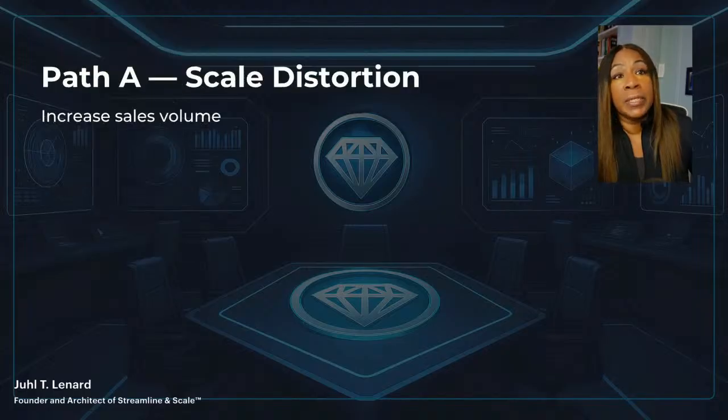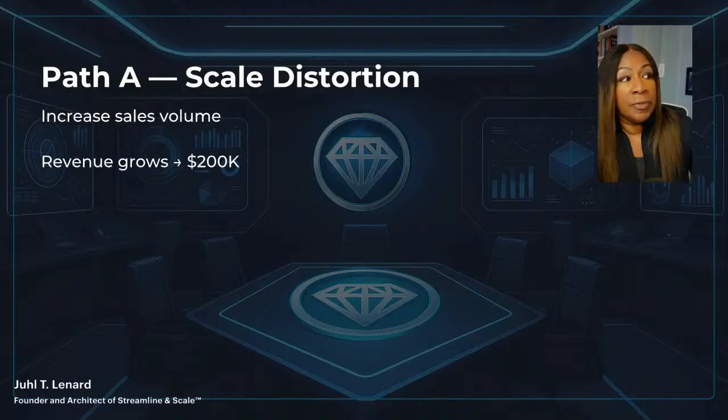But that's not what happened. In this case, we scaled the distortion. The misdiagnosis was that we needed more activity, and we scaled that, right? So we increase the sales volume.